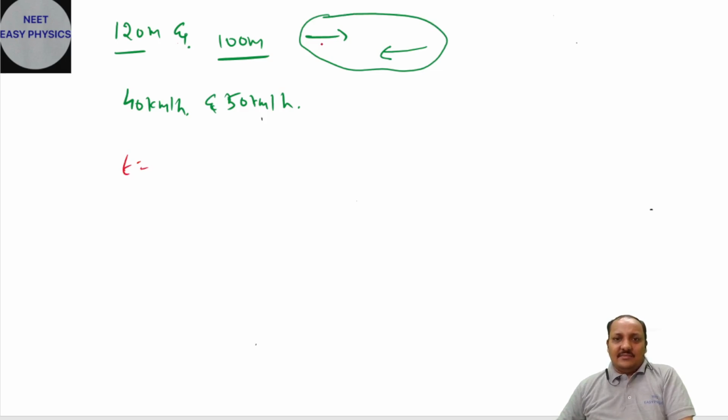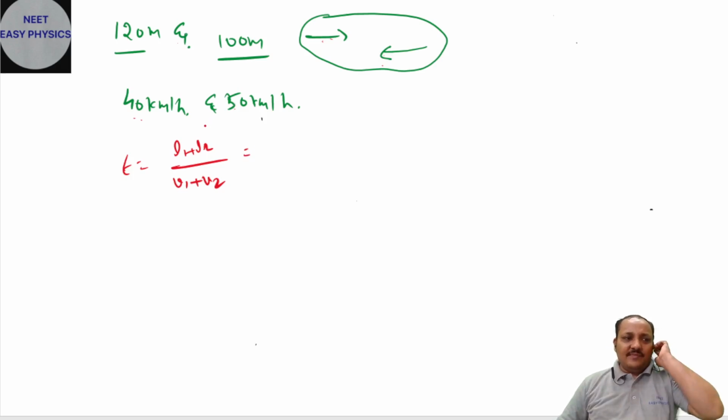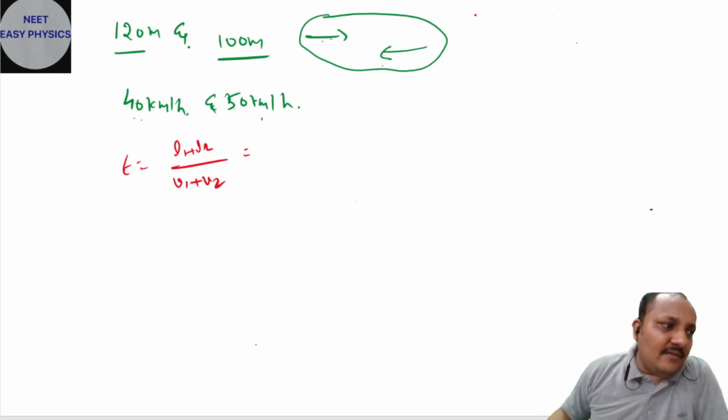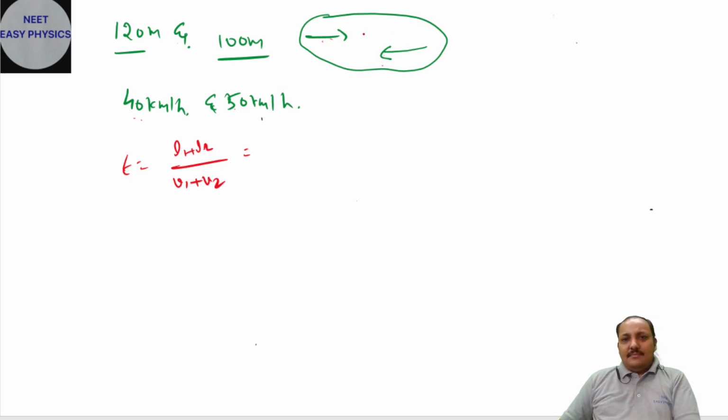If opposite direction, we have to do L1 plus L2 by, what happens to velocity? V1 plus V2. So this 40, 50 kilometers per hour, first we should convert into meters per second, correct? So first, L1 plus L2 you can say 120 plus 100 divided by 40 plus 50.